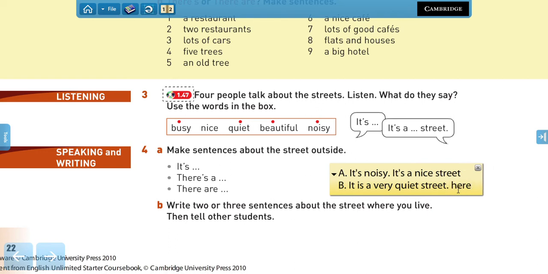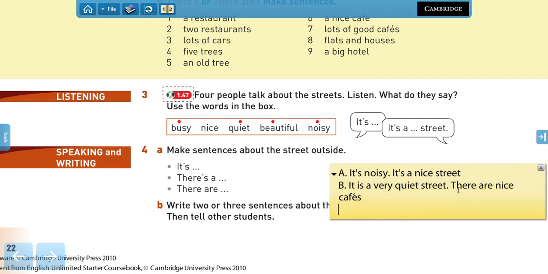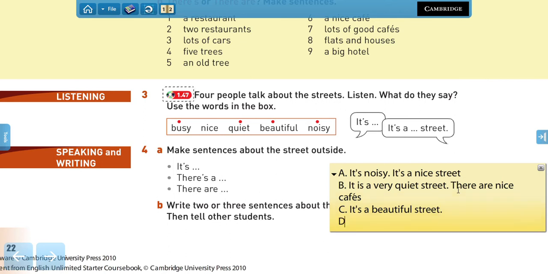There are nice cafes. C, it says it's a beautiful street. The word beautiful, right? And the last one says it is a noisy street.